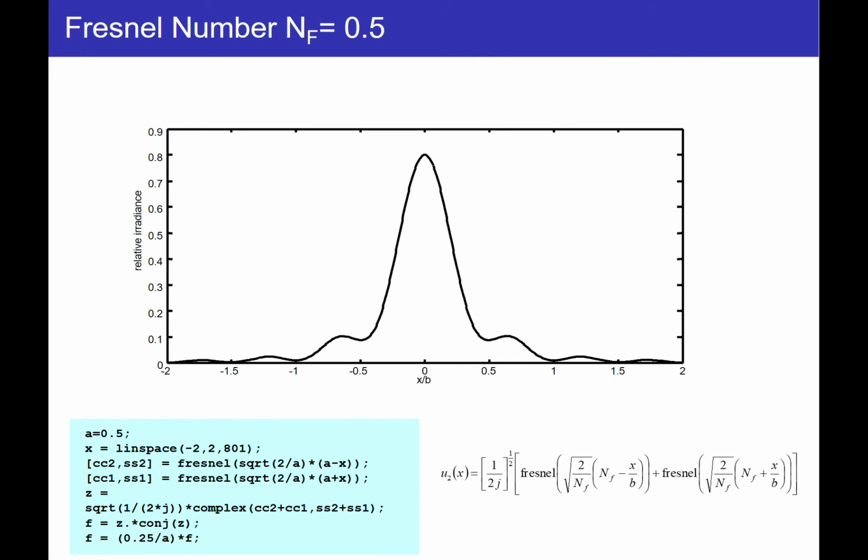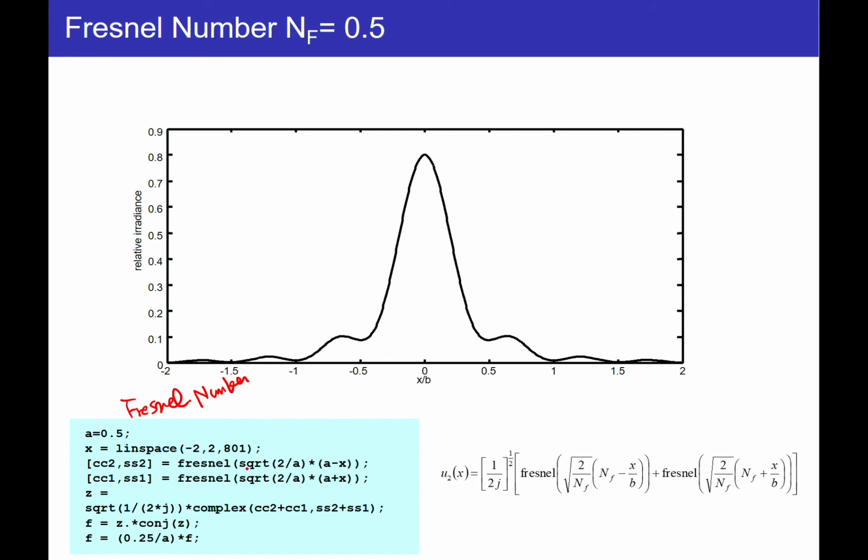Okay, here is one example. For the case of A, in this case A is the Fresnel number. And as you know, linspace is the linear space divided from -2 to 2, with 800 segments, okay?